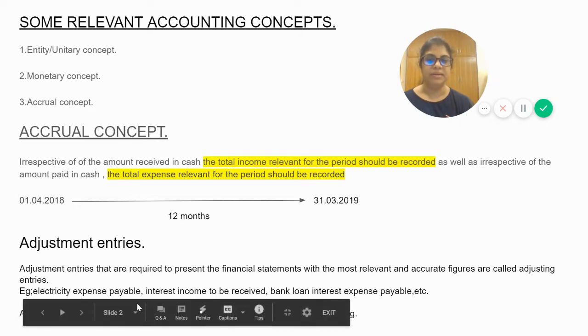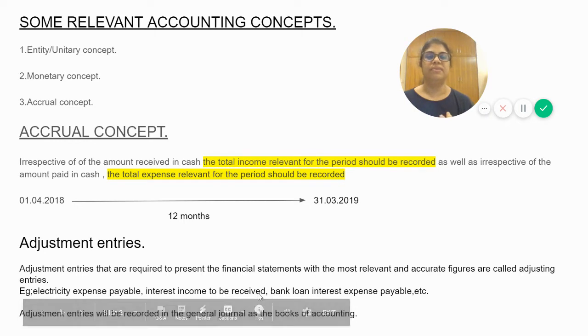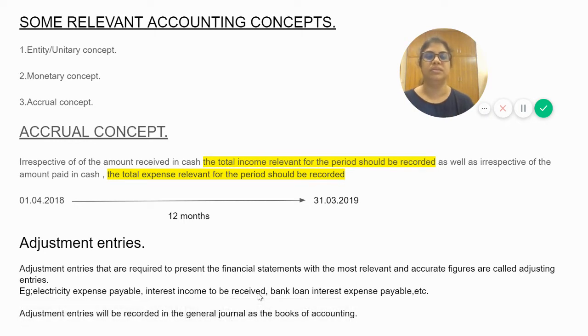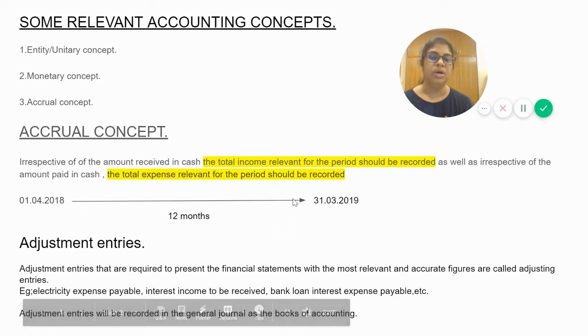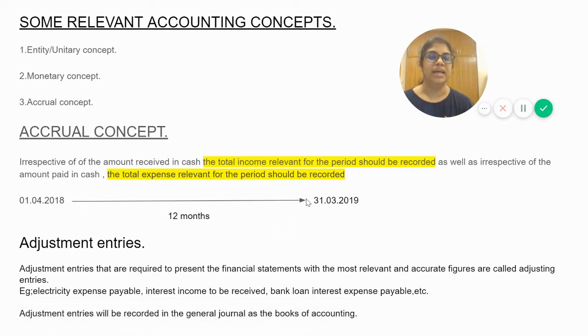As an example, you can take interest income to be received. If you have a fixed deposit or a savings account in another financial organization, the interest income relevant for the last month, the month of December, you won't be receiving at midnight of 31st December 2019 to prepare your accounts.